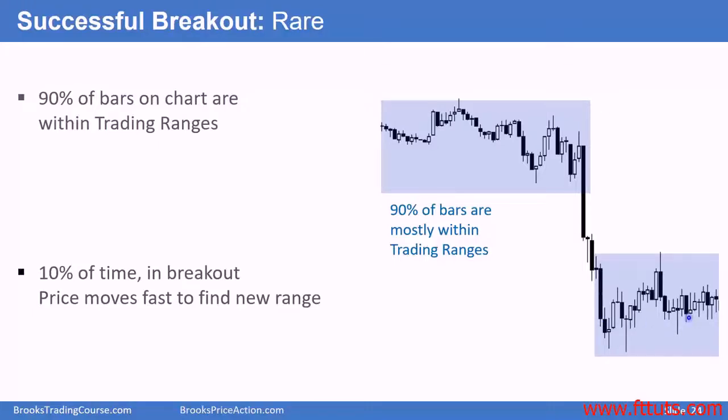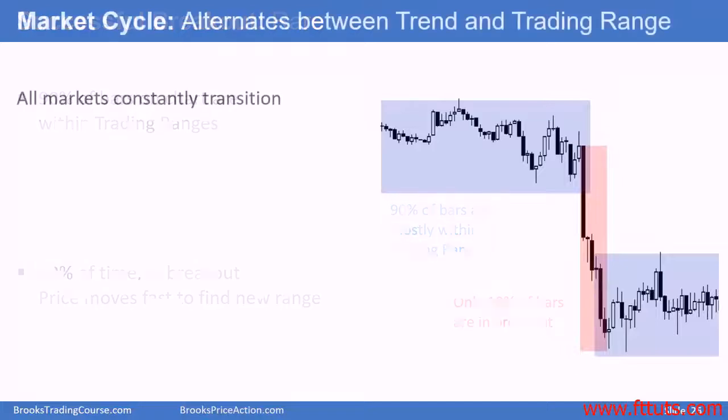Nobody knows exactly where it will be, but price is moving quickly to find a new range of fair prices. These breakouts only occur during about 10% of the bars on any chart. Markets are always constantly transitioning from trading ranges into breakouts, from breakouts into trading ranges.